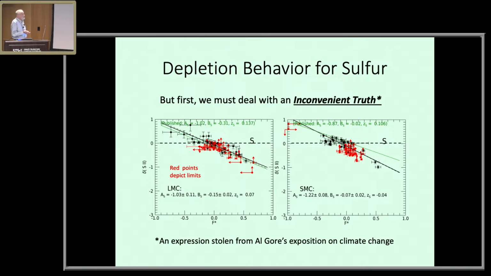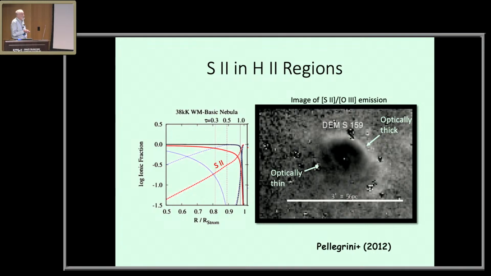Why is this? Well, the problem is that you can have some singly ionized sulfur inside the star's H II region, which contributes to the column density. But since the hydrogen is ionized, the hydrogen is not counted in the total. And you can see this in the plot on the left.